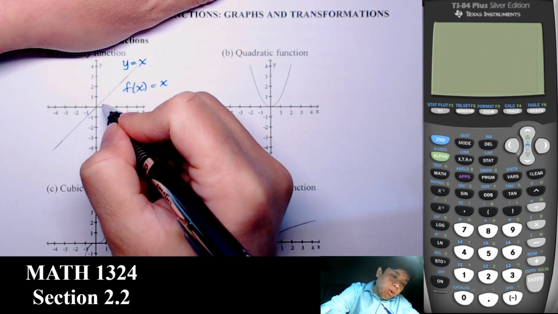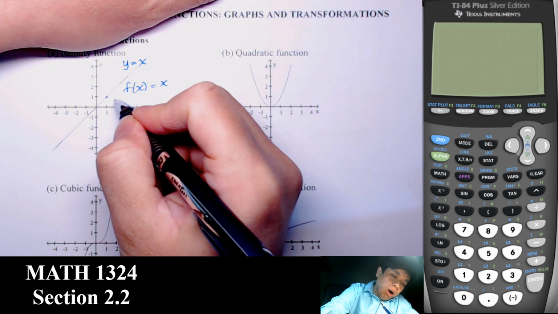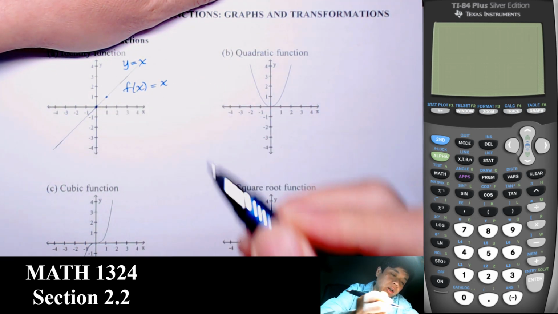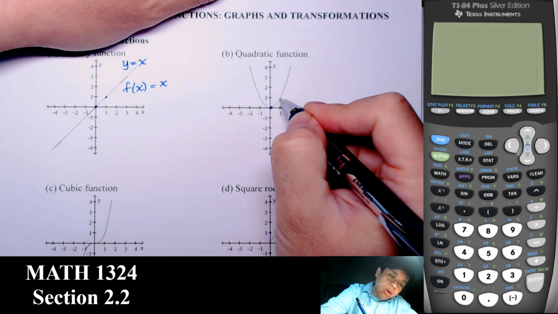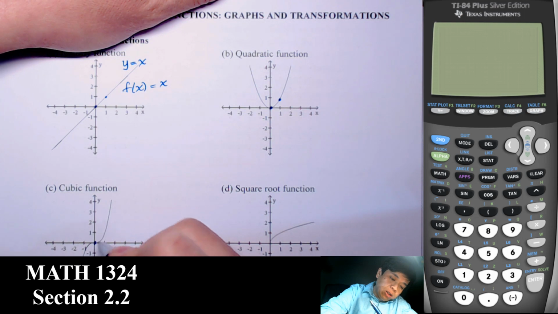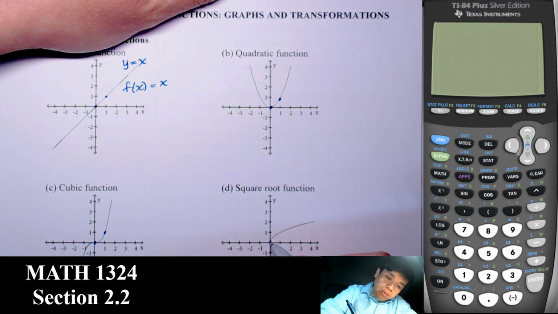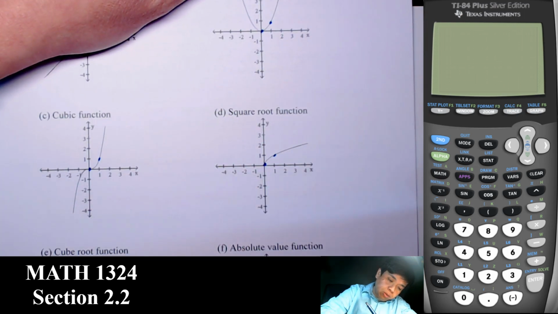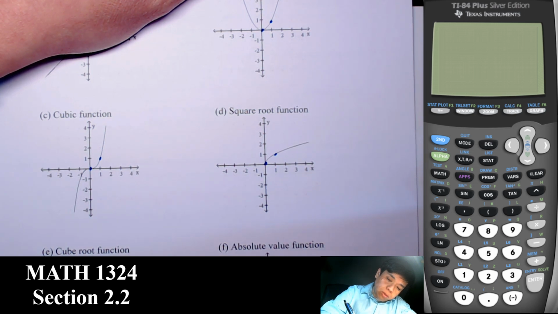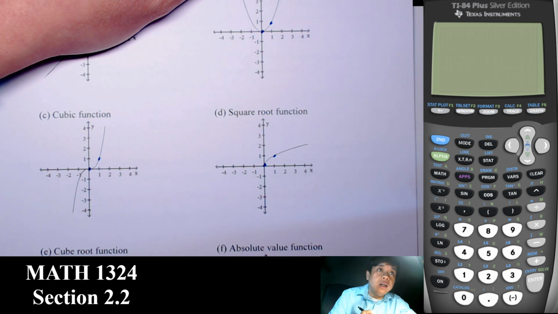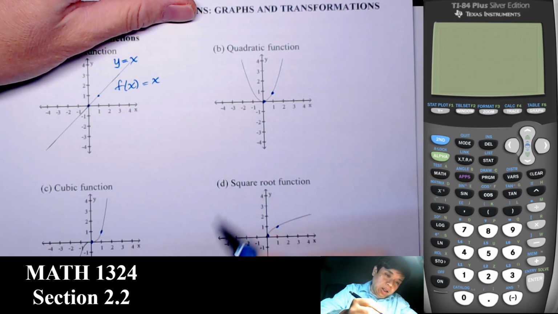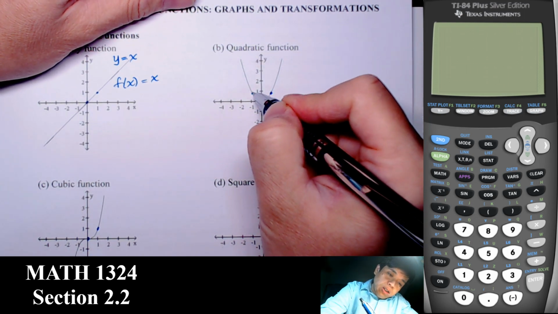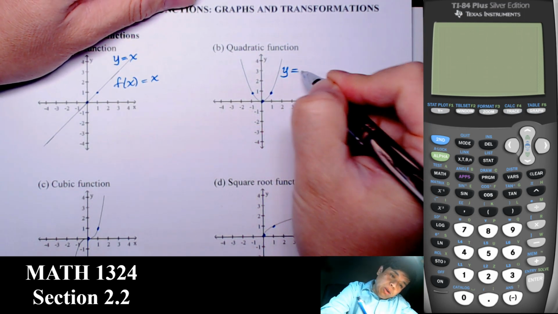and whatever x is, y will be the same value. One thing we notice is that this graph goes through the points (0, 0) and (1, 1). Now, the quadratic function, y equal to x squared.